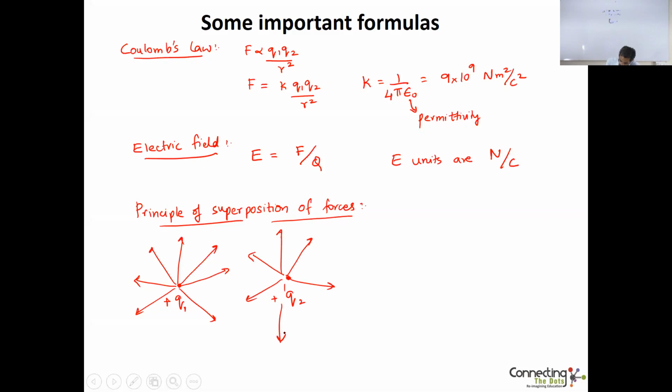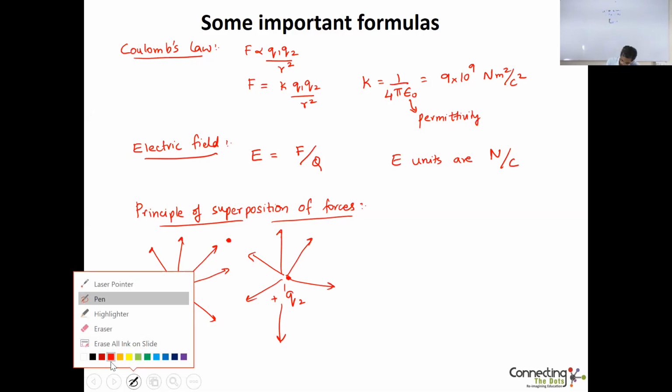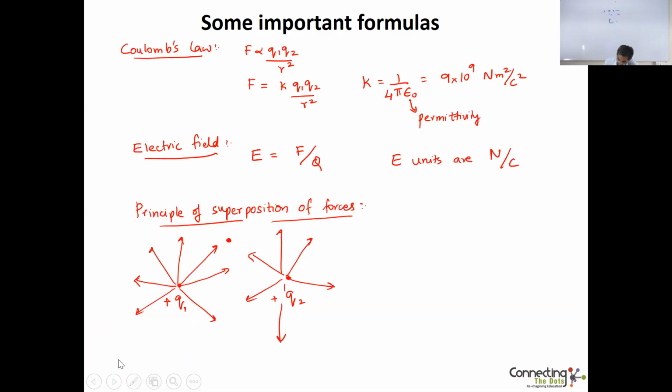Now if I pick any point here, and put any charge Q here, then the charge Q1 exerts a force in that direction on Q, and the charge Q2 exerts a force in that direction on Q. So the net force on Q is given by a vector addition of the two individual forces.